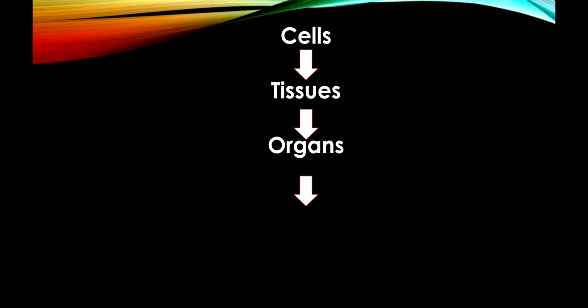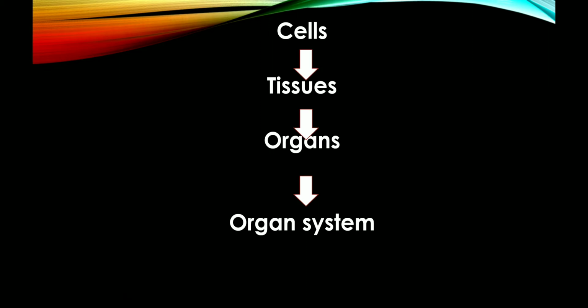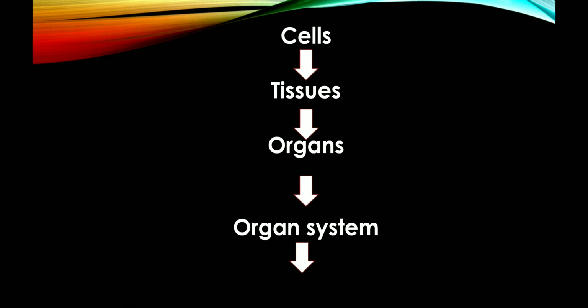When different organs combine together, they form an organ system. And when different organ systems combine together, they form a body. So your body is basically formed by cells, but those cells have changed into tissues, then organs, then organ systems, and then your body is formed.